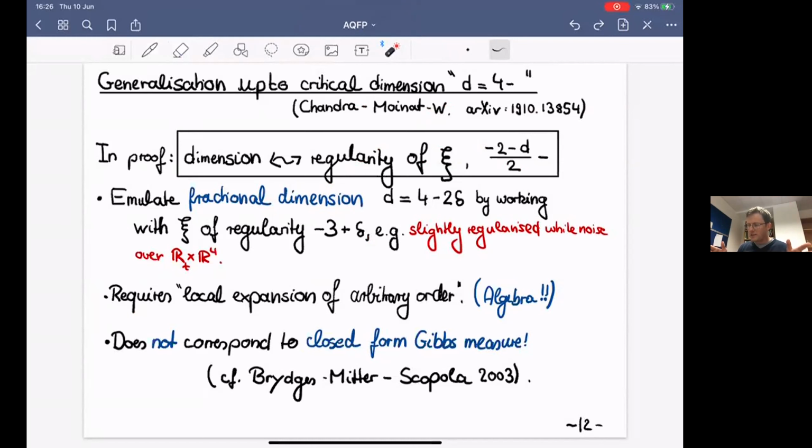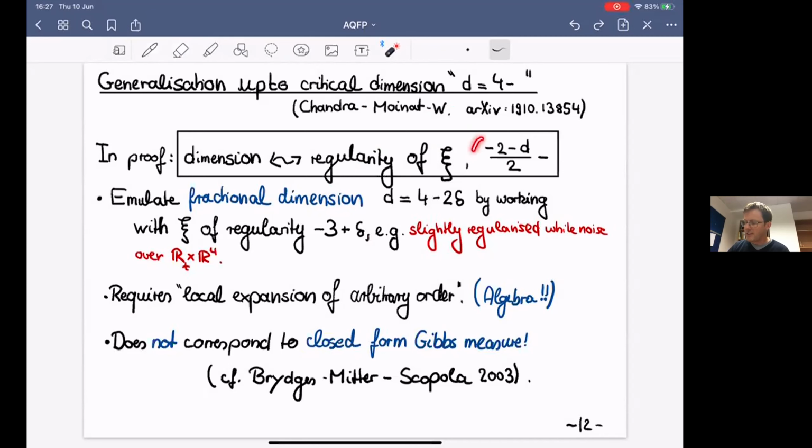And so what we did in this project is we just said, well, let's just play this a bit further, and let's make the noise more irregular and just pretend that we can emulate fractional dimensions with that. I've shown this here in this analysis.